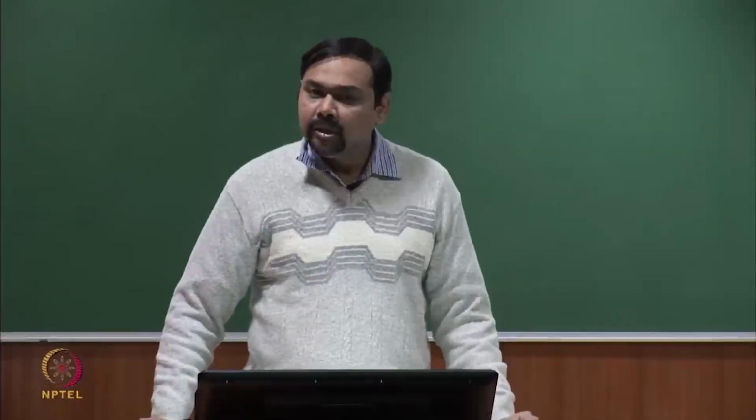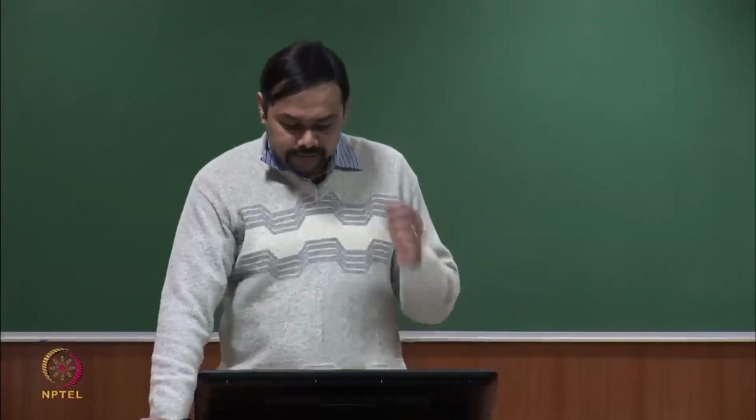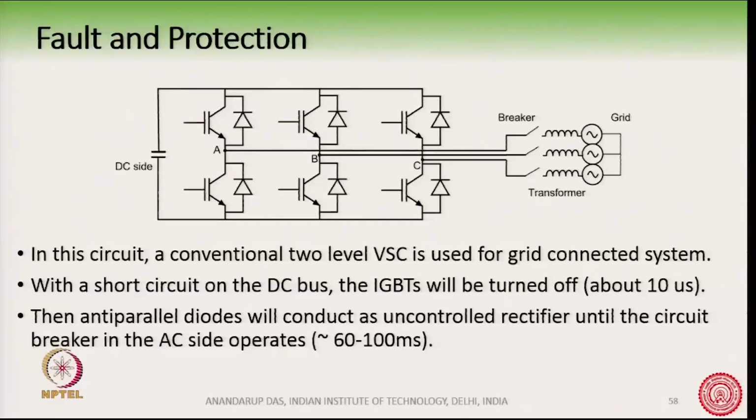You can have faults in the IGBT, in diodes, in a capacitor, in an inductor, cable to cable faults, cable to ground faults, line to line faults, line to ground faults. One type of fault which we will focus on here is one of the most severe electrical faults.